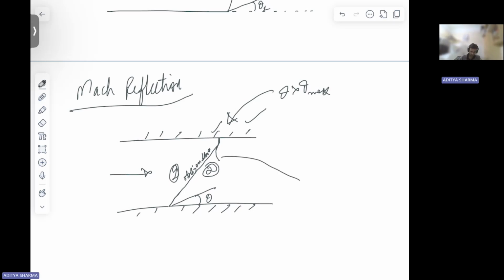So this basically is your Mach reflection. This is your normal shock.